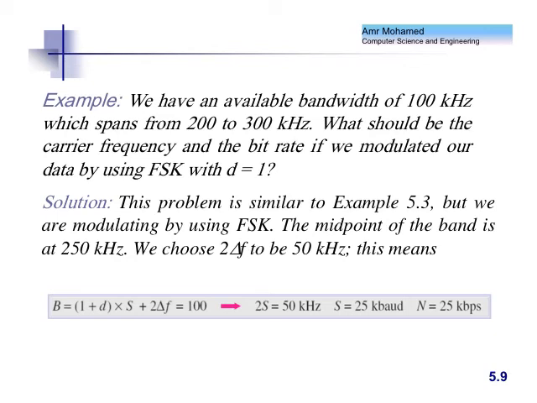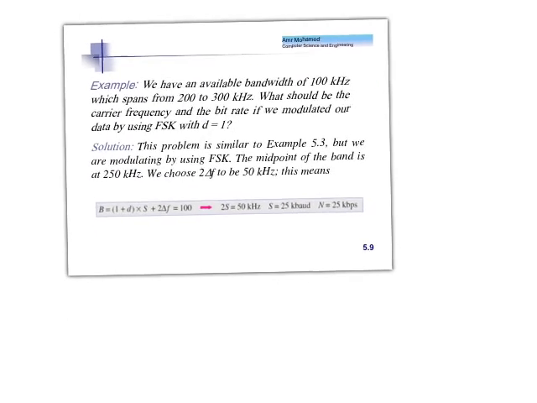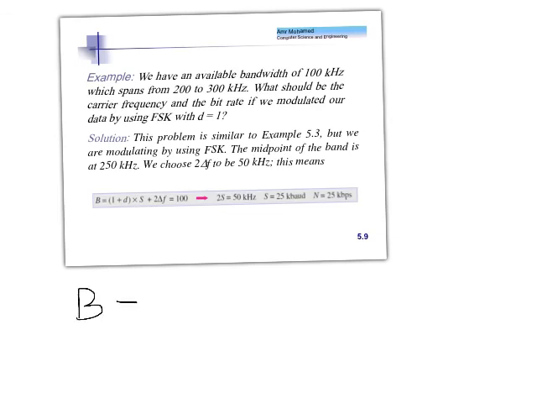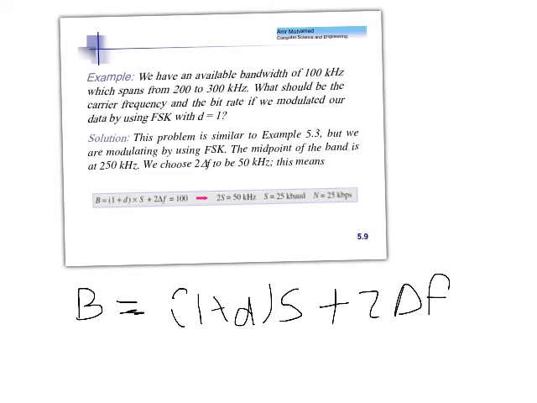But the cost that I have to pay now is that we have the modulated signal FSK, and here the bandwidth, as we said, is 1 plus D times S plus 2 delta F, and the minimum 2 delta F is again 1 plus D times S. If D equals 1, this means I end up with 4S, which means R is equal to 1, which equals 4N.